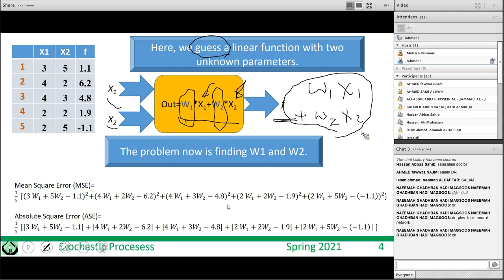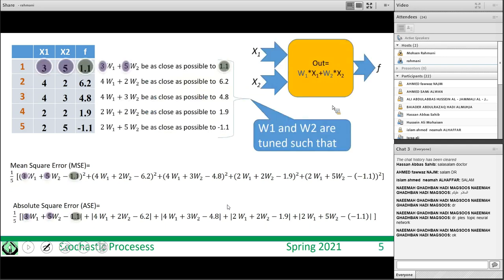And now the problem will change to a simpler problem. Now we just need to find w1 and w2. See this slide.